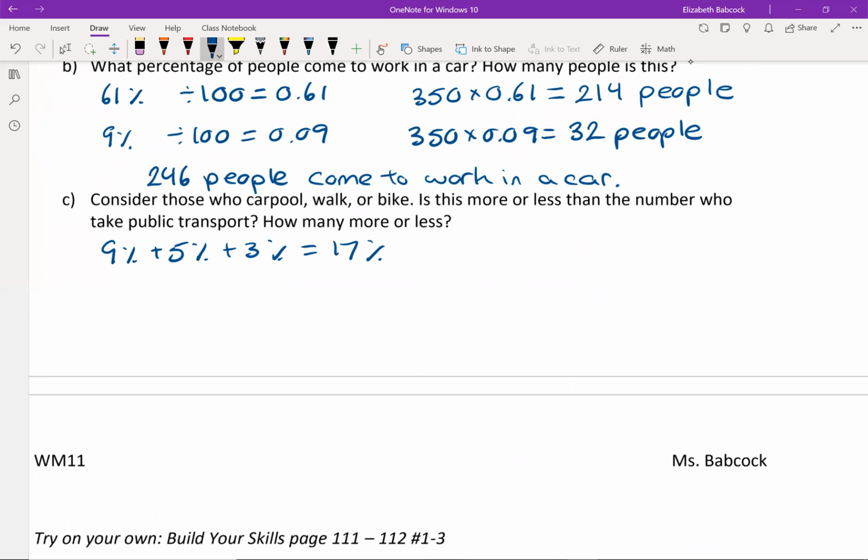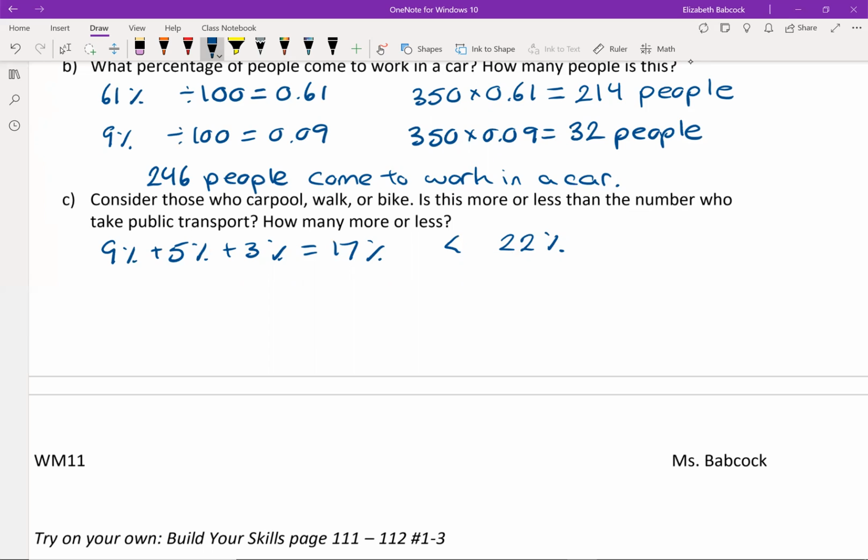This is less than 22%, so it does not make up more. Carpool, walk, and bike added together take up less than the section taken up for public transit.